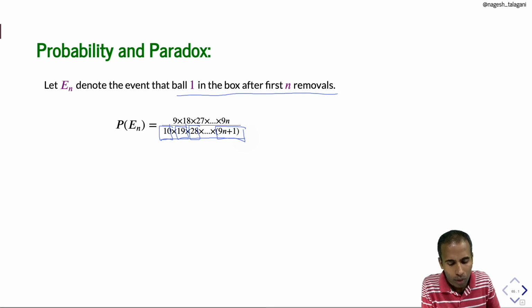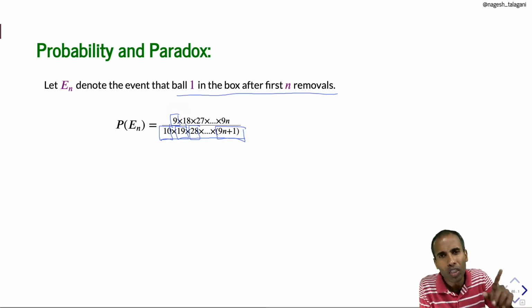Now, how many of them are actually favorable to not touching ball 1? In the first removal, there are 10 balls, in which one ball has label 1, and we don't want to touch it, so we can remove any one of the 9 remaining balls. In the second removal, there will be 19 balls, one of which is ball 1, so we can remove any one of the 18 balls, and so on.